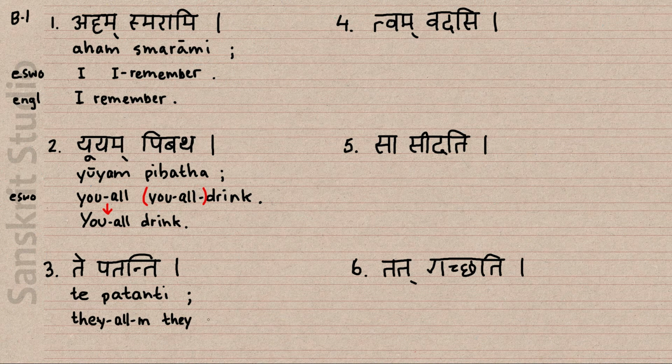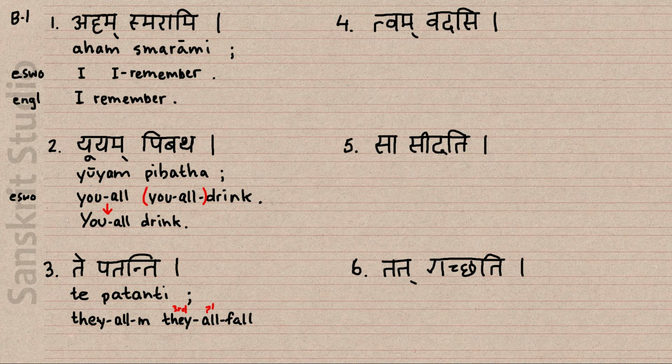But at least we can have this understanding that the pronoun and the verb must match. So since we have they all fall, we do have all here, which represents the plural, and we have they, which represents third person, third plural.